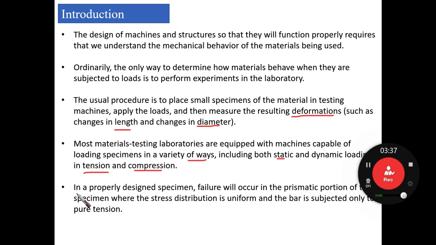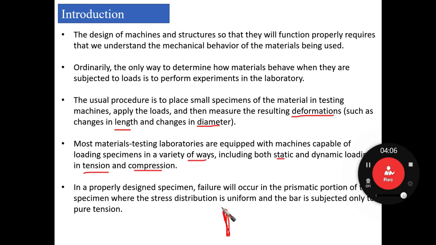In a properly designed specimen, failure will occur in the prismatic portion of the specimen, where the stress distribution is uniform and the bar is subjected only to pure tension. That's very true, because if we have a bar like this, for example, sorry, drawing by mouse is a nightmare, but I do not have my electronic pen now.